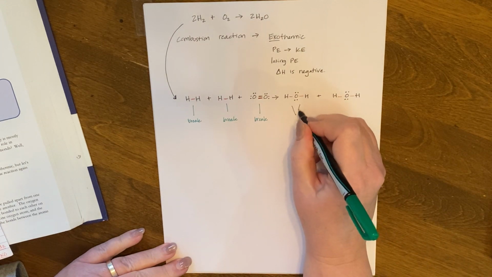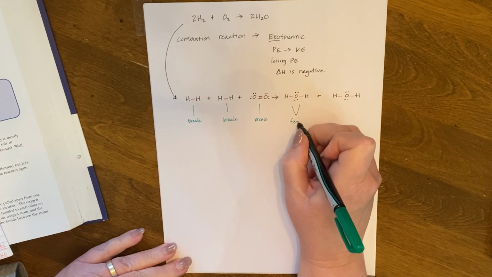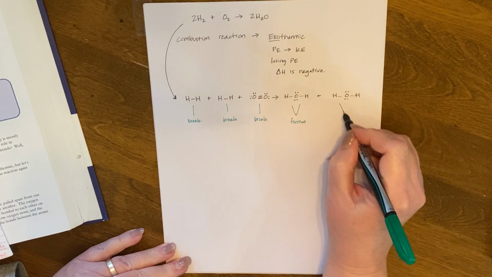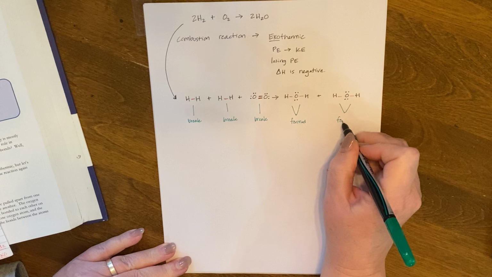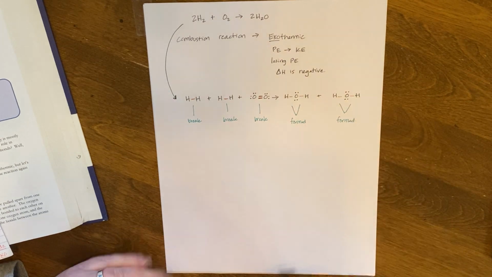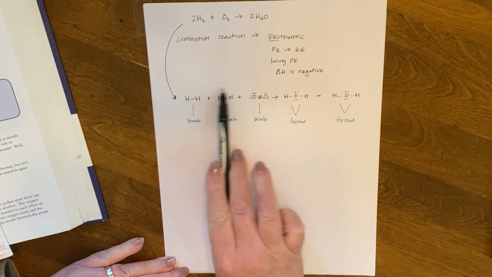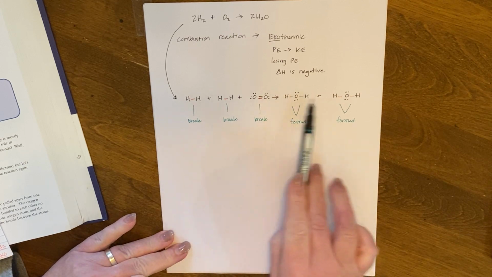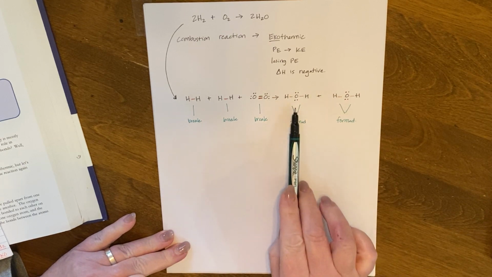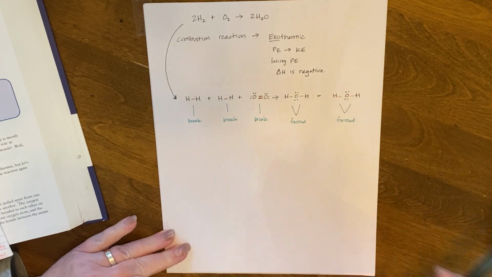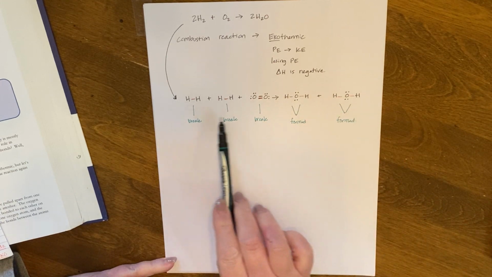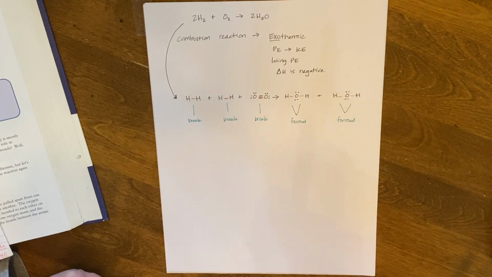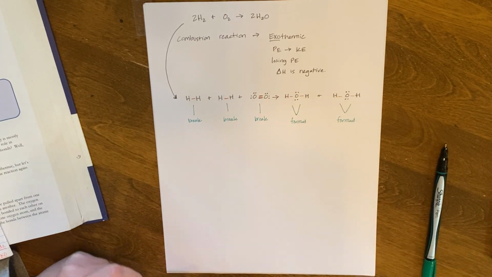And then to make our water molecule, these two bonds need to be formed, and these two bonds need to be formed. So the bonds in our reactants need to break apart. The individual atoms rearrange themselves and new bonds need to be formed. So here 3 bonds are being broken. 1, 2, 3, 4 bonds are being formed.